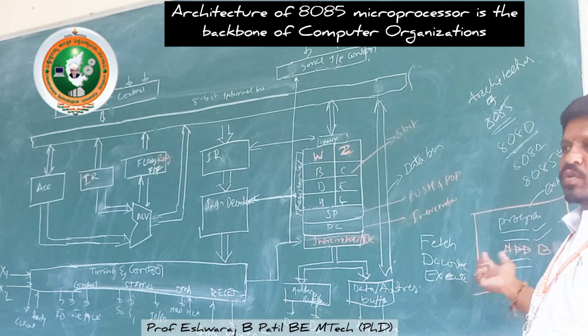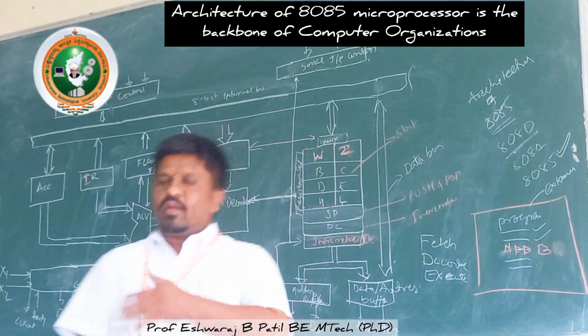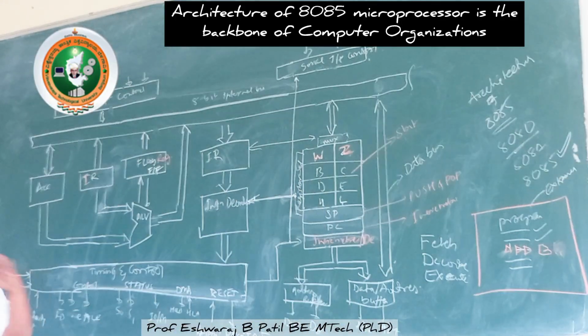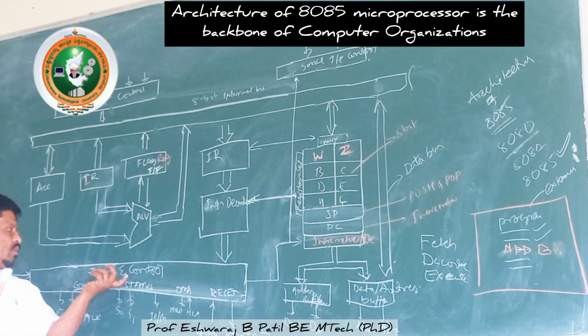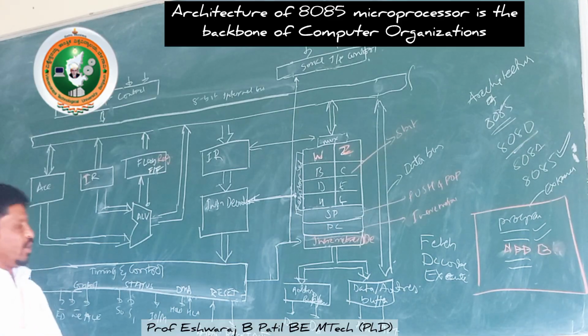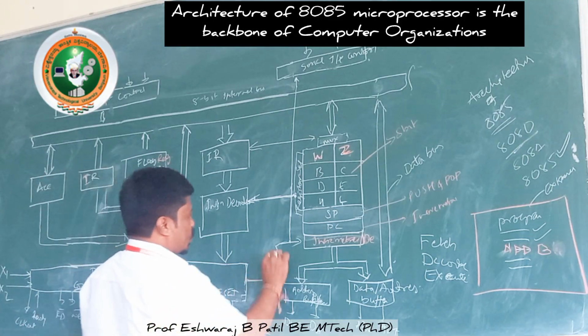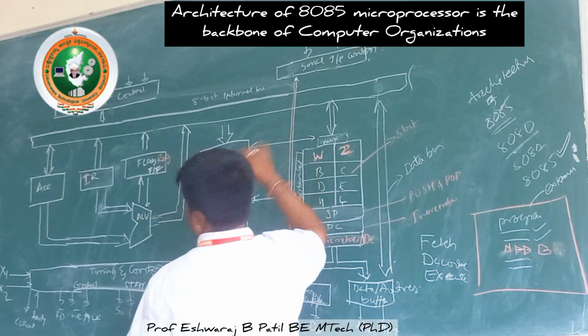This instruction has to be processed in my microprocessor. How? First the control unit will send some signal. It will be sending a control signal here.